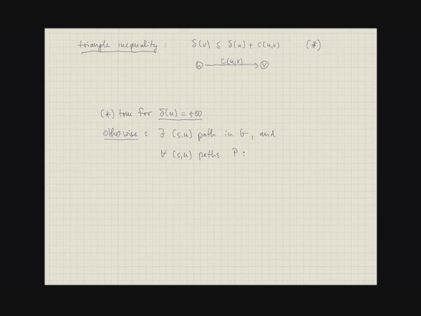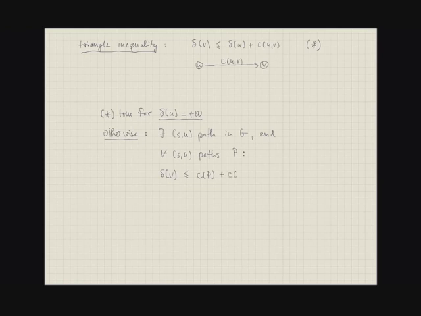We have that the shortest path distance, so delta of V, so the shortest path length to reach vertex V, cannot be more than the length of such a given path. So that would be C of P, which is a path from S to U, right?